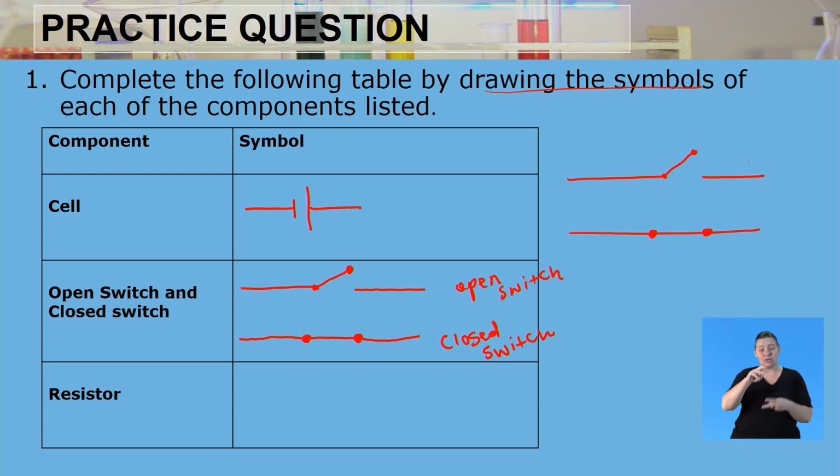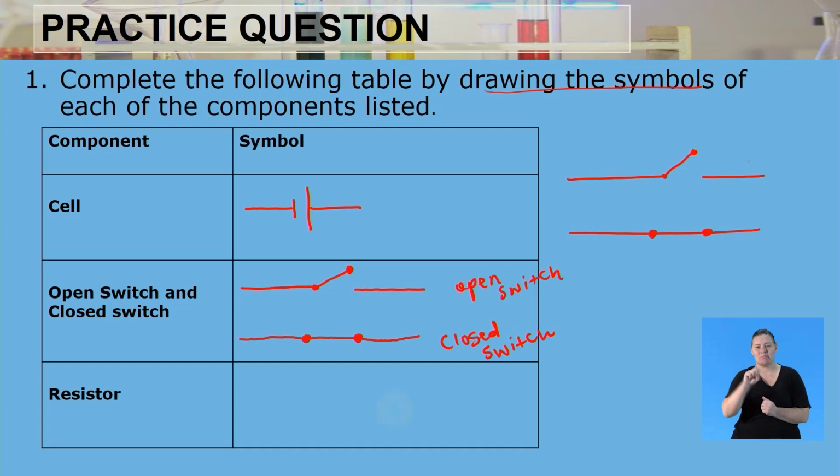So now, the next one says a resistor. We need to draw a symbol for a resistor. We need to remember that a resistor can be drawn in one of two ways. The first one, we can have the zigzag to show the resistance, or we can have another symbol, sort of like a rectangle, to show that this is a resistor.